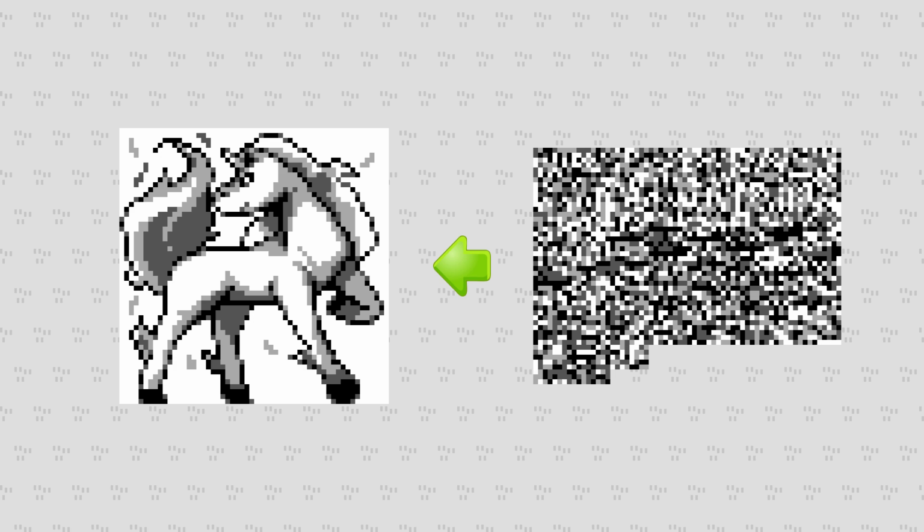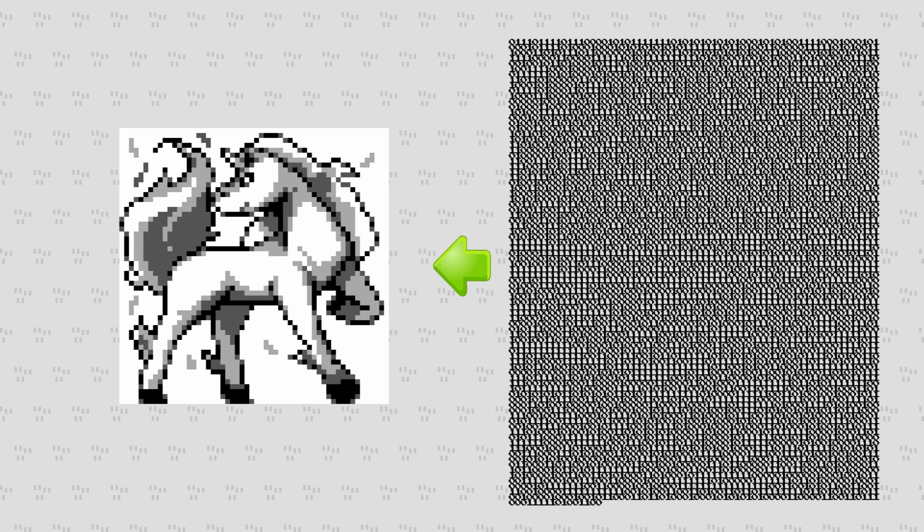In these videos, I am showing the compressed data as this block of pixels that looks kind of like TV static. And indeed, if you look at the game's ROM image in a visual editor, this is what you would see. This is what the compressed data looks like if you try to interpret it as raw Game Boy graphics directly. But you can also just interpret this data as a stream of bits, which is what we're going to have to do to decompress it.